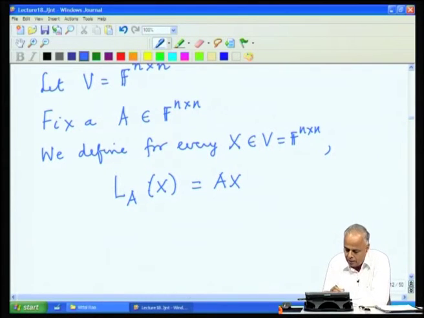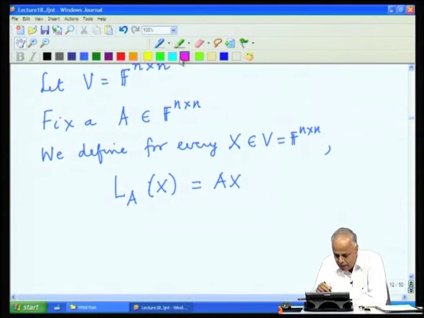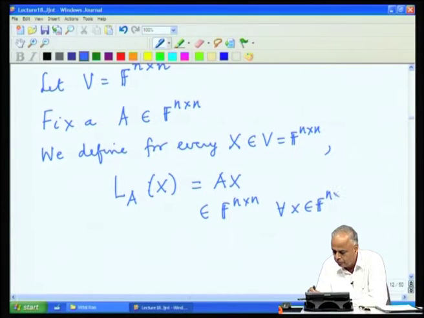Now, we see that A is an n by n matrix because we have chosen A in F^(n×n), and X is an n by n matrix because we have chosen X in V. So, both are n by n matrices. So, the product will be an n by n matrix, and therefore this belongs to F^(n×n) for every X in F^(n×n).